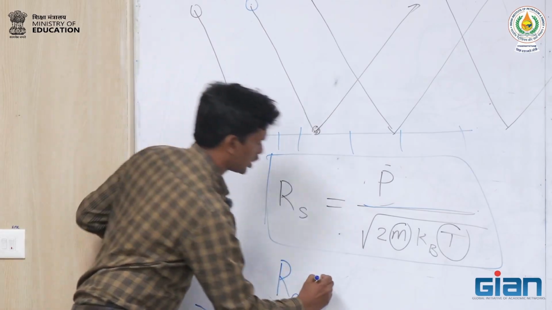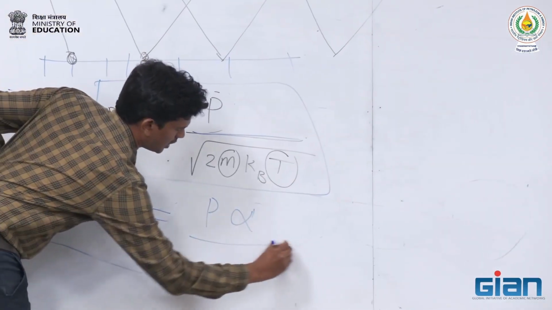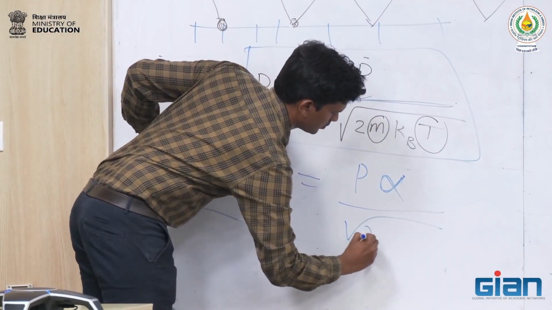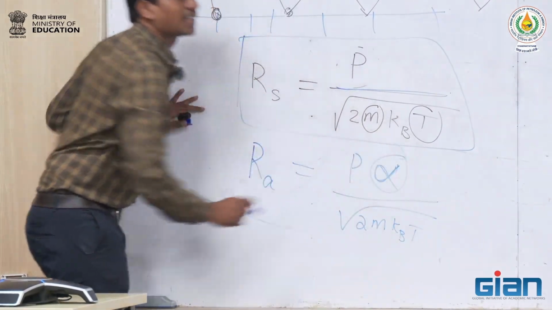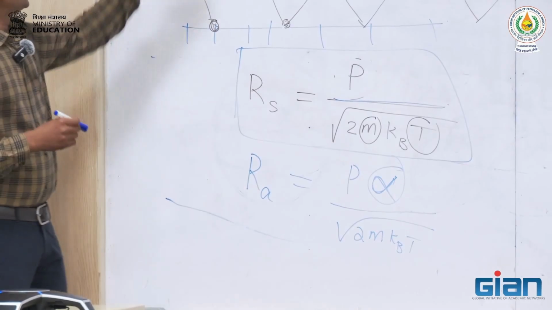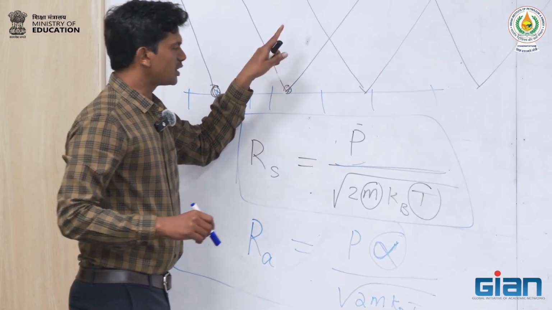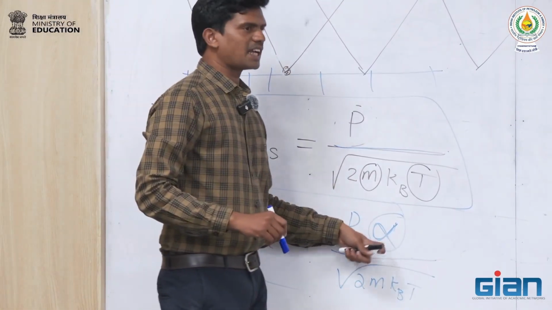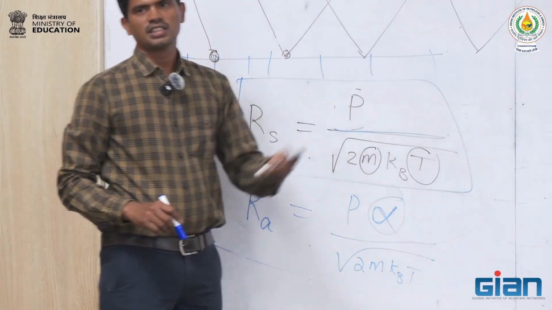So then for the rate of adsorption, maybe we put another term called alpha. This alpha talks about, if this molecule is striking the surface 10 times, maybe out of 10 times, 2 times it may adsorb on the surface. It talks about the fractional number of molecules that adsorb onto the surface after each strike, right?